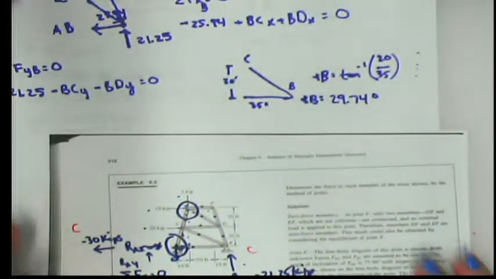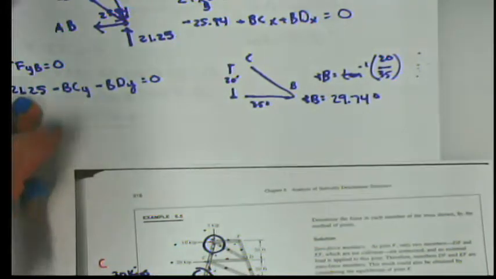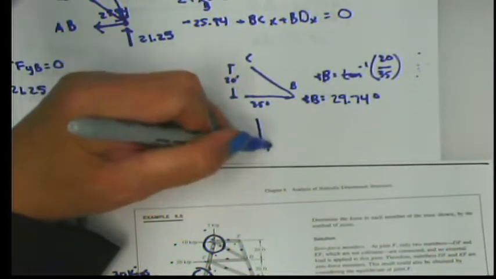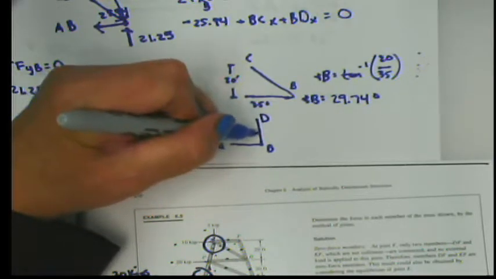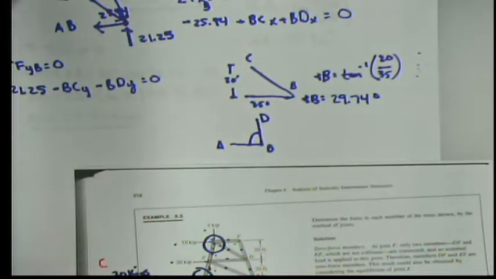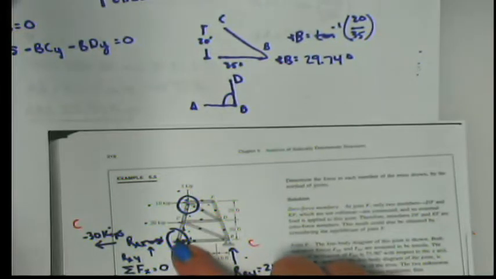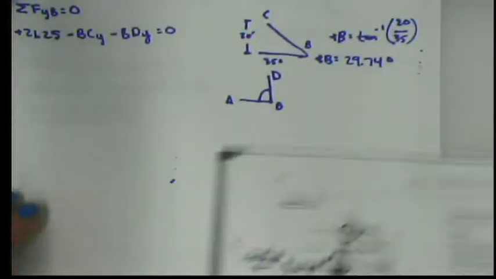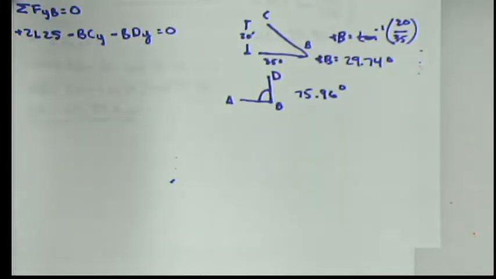Very good. And now we know the other angle, if we're looking from A to B up to D, has to be the same as it was on the other side here at A. And so that's the 75.96. I don't have a good label for it the way I've drawn it, but there we go.